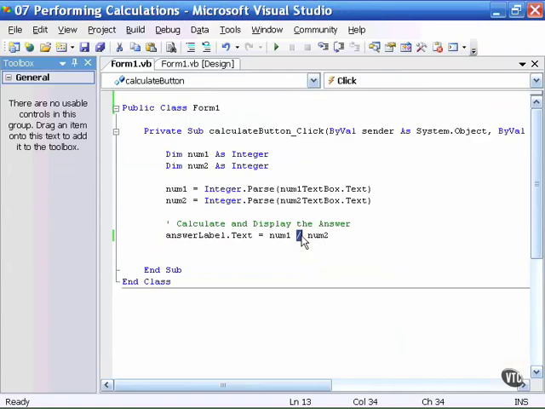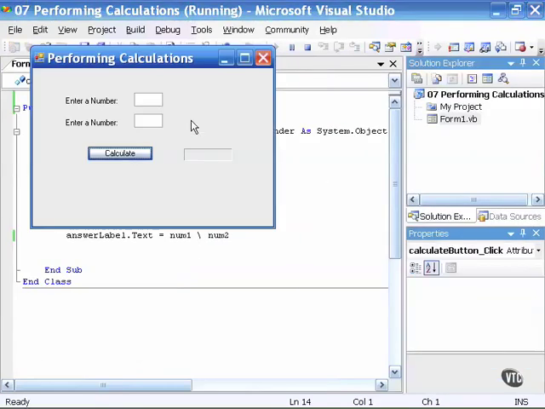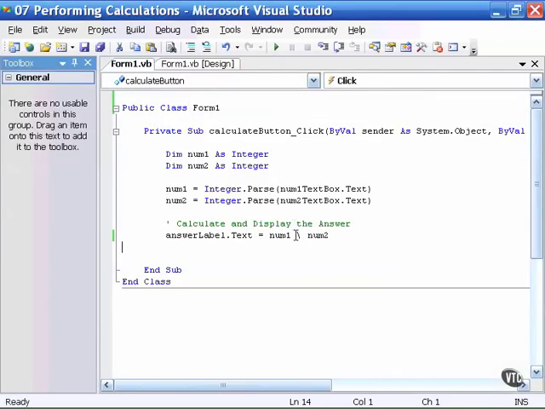Now, if we change the divide symbol to the integer division operation, which is the \, and perform the same calculation on the same two numbers, 10 and 3, notice the answer is simply 3. With integer division, you divide one integer by another, and the result is an integer which truncates or drops any remainder. So the 0.33 is truncated in this example since we're using integer division.